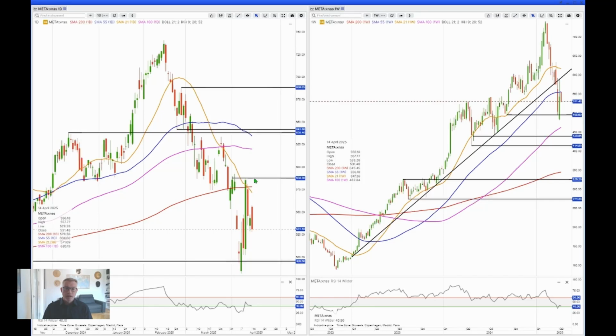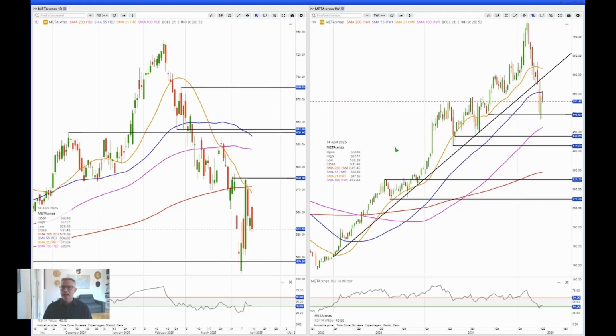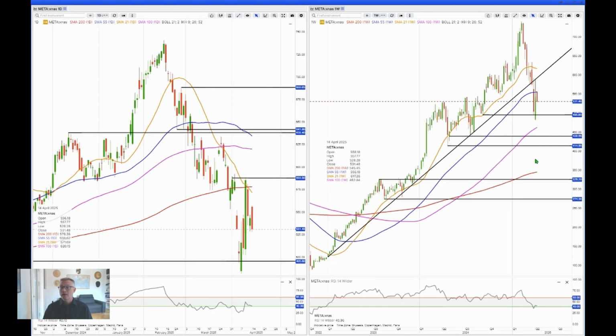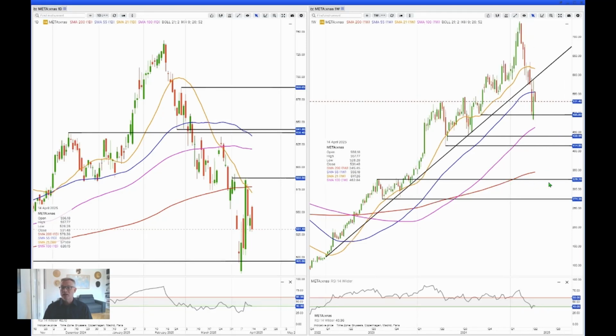But 588, that is the key support. If it pushes below the lows from last week, which was around 481.90 down here, then we could see a sell-off down to the region around 414, maybe even lower, maybe even down to the 200 moving average in this correction phase. So that will be key to watch the next few days and weeks.